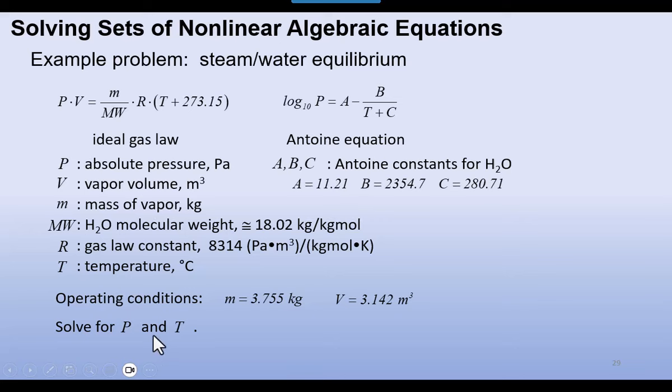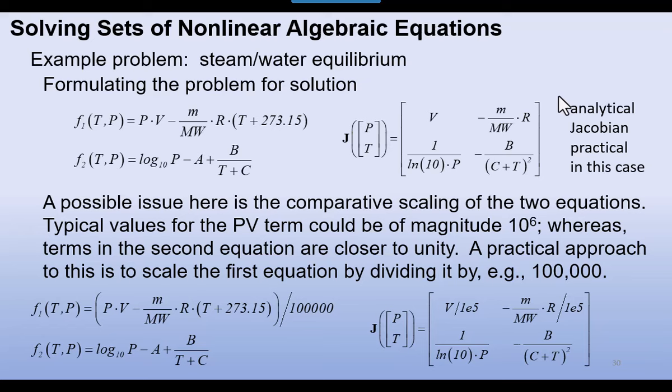And then we want to solve for P and T. We've got two nonlinear equations to solve for P and T. Okay? So if we analyze that further, we can write our equations out so that they're equal to 0. Here they are. And then we can look at what the Jacobian is, which we can actually get analytically here.